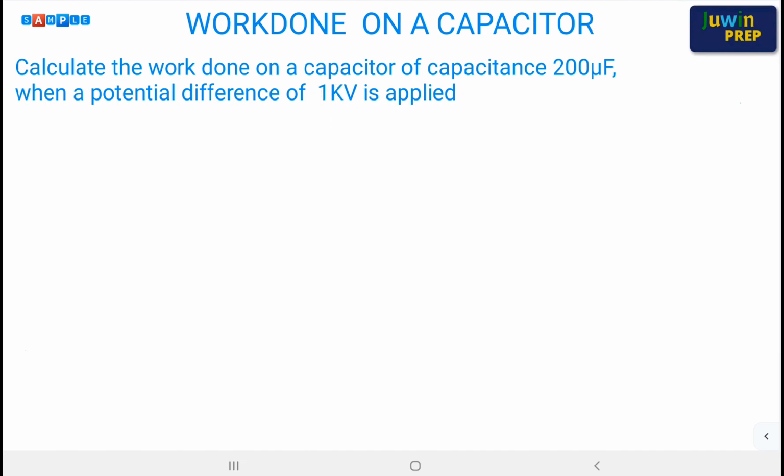Now, the first thing to note here, as I would always insist, is to write down your data. Physics is hugely about interpretation. So, data.